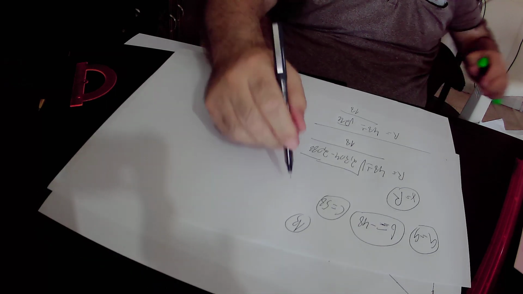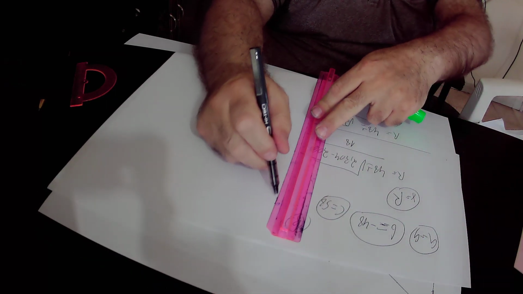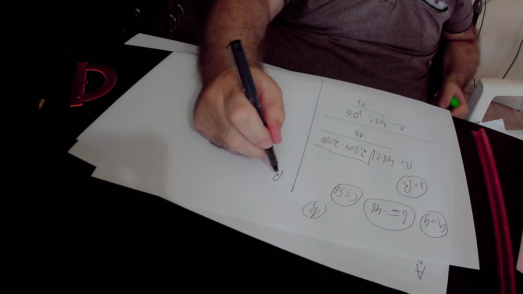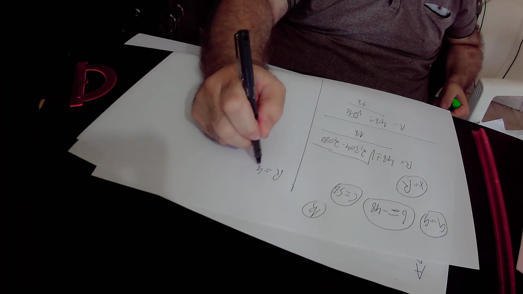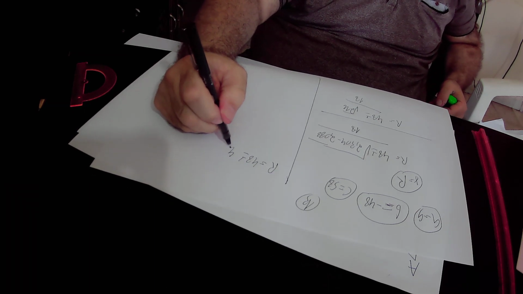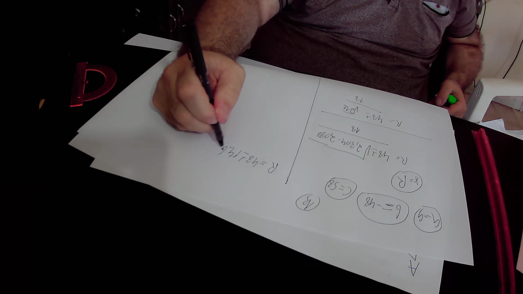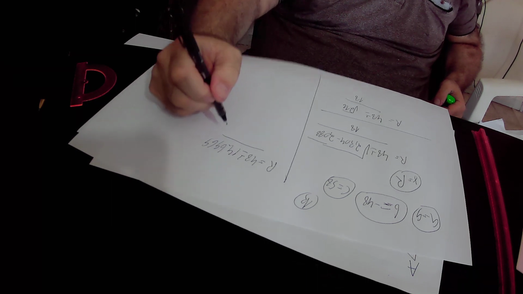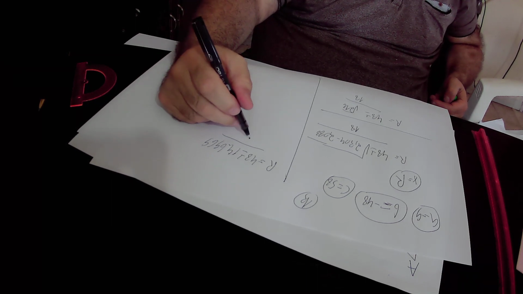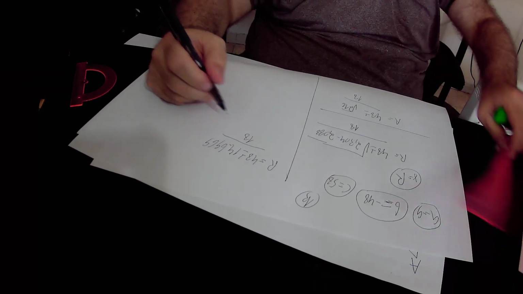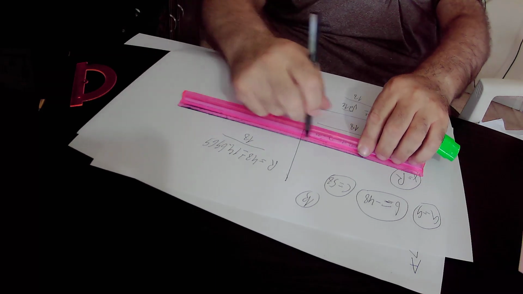So r equals 48 plus minus the square root of 216, which is 14.6969, over 2a, over 18. So here we found out that we have two solutions for r.